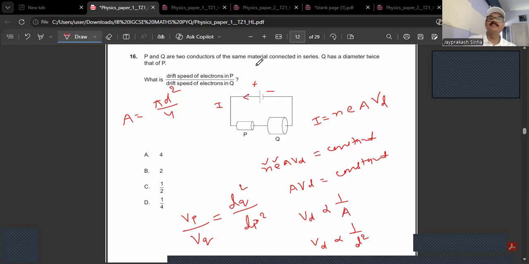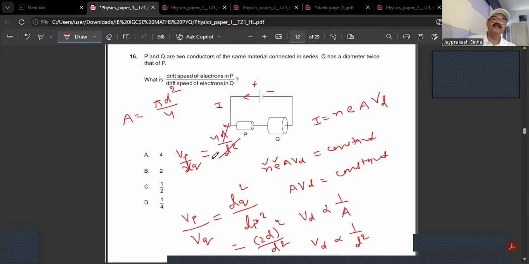So here the diameter is twice, so we can write (2d) square upon d square. When we solve it, we'll get v_P by v_Q is equal to 4d square upon d square.